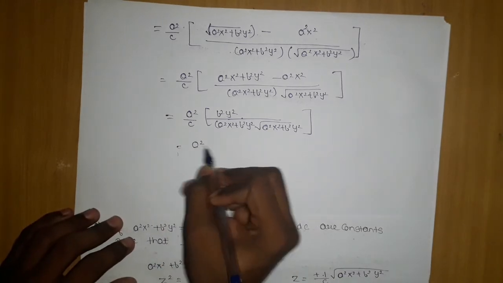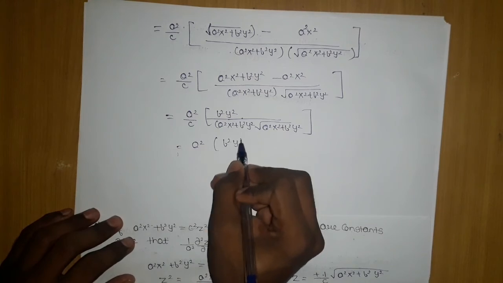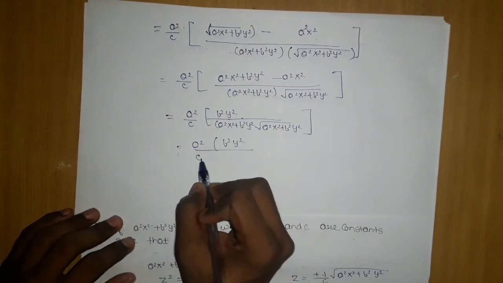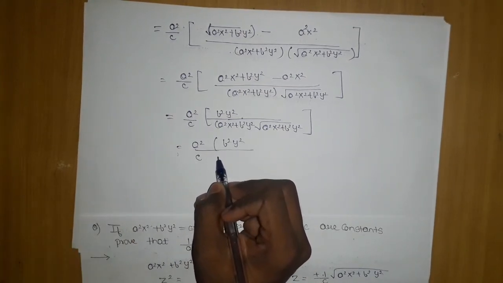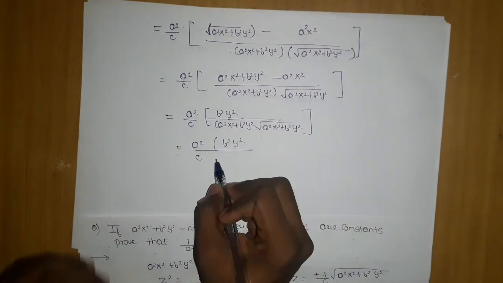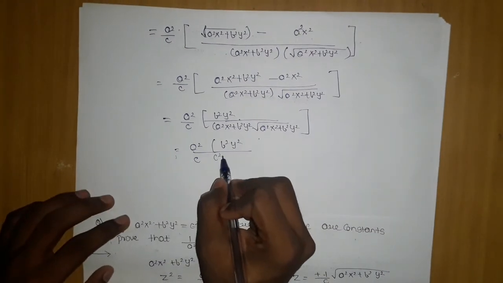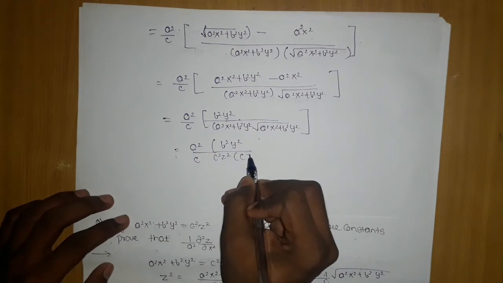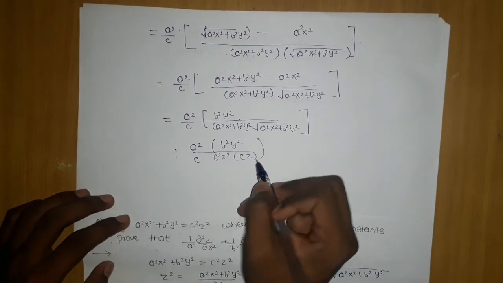If I substitute that, I have b square y square here, one thing. If I substitute here this thing, I will be left with, this will become c square z square, this will become cz, right?